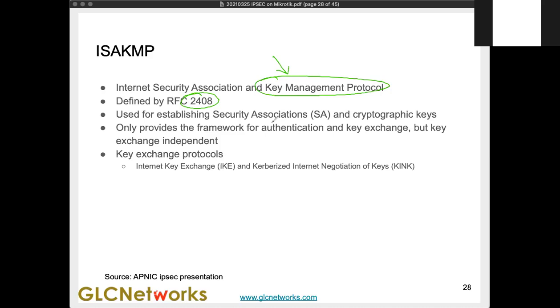After that we can establish the data transfer.